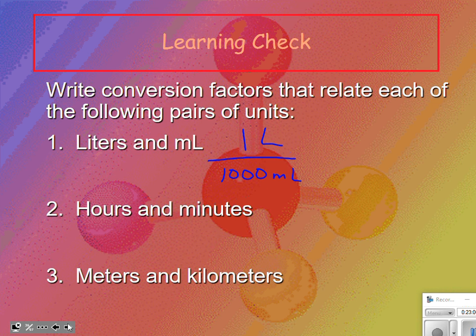What about hours and minutes? 1 hour is equal to 60 minutes. There's my conversion factor. What about meters and kilometer? 1,000 meters is 1 kilometer.